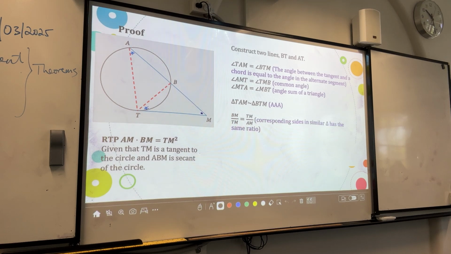This is the ratio. BM over TM equals TM over AM. Corresponding sides in similar triangles have the same ratio. And automatically, you know that AM times BM equals TM squared. This is the proof.